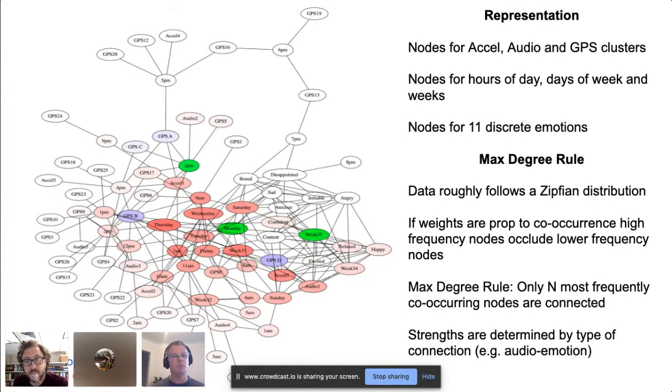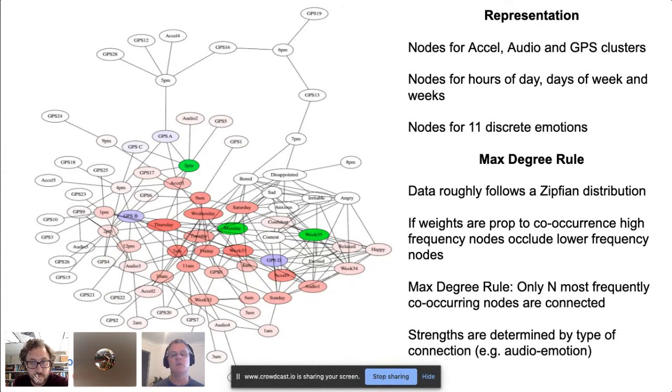Because these are naturally occurring data, if you just connect them according to, say, the probability of co-occurrence of these different features, then the high frequency ones just completely dominate.